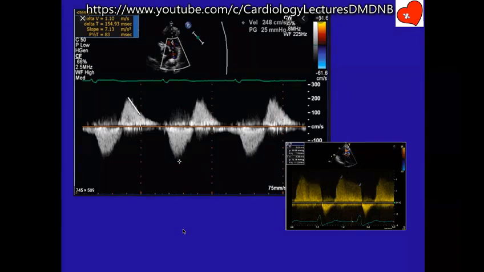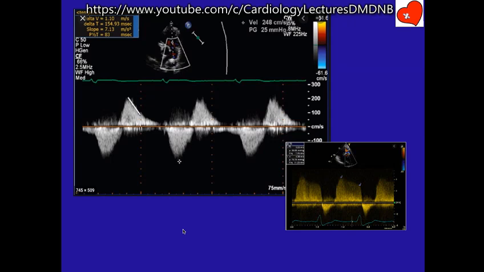So now what is the diagnosis? Severe PH with mild PR. Okay, very good. So it is severe pulmonary hypertension with mild PR.